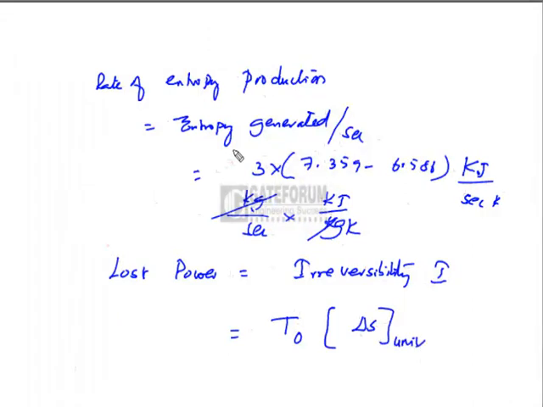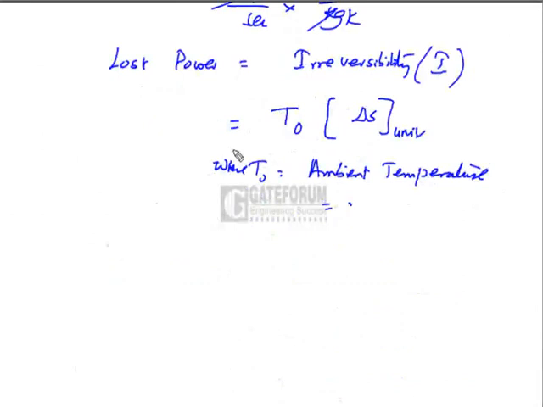T naught is the ambient or surrounding temperature, which is given as 300 Kelvin.